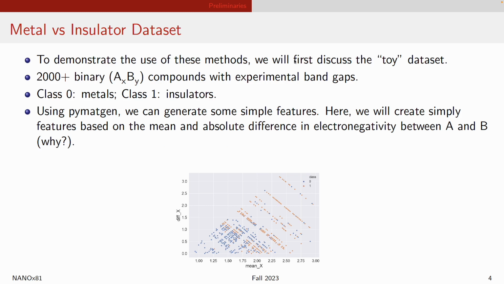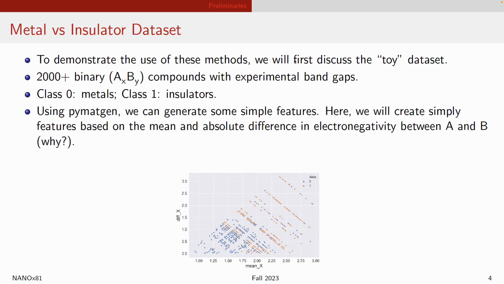So in this data set, we basically have 2,000 binary compounds. Binary compounds are basically materials that comprise only two elements, okay? So in other words, they have the formula AxBy, right? So they just comprise two elements, A and B.